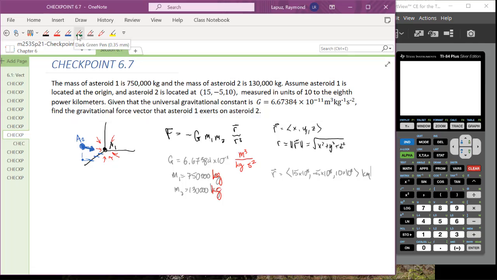So let's rewrite this. R is equal to, and let's factor out the 10 to the 8th times 10 to the 3rd. We'll keep that 15, -5, 10 vector, and then we have 10 to the 8th times 10 to the 3rd. We add the powers, 10 to the 11th, and now we are in meters.